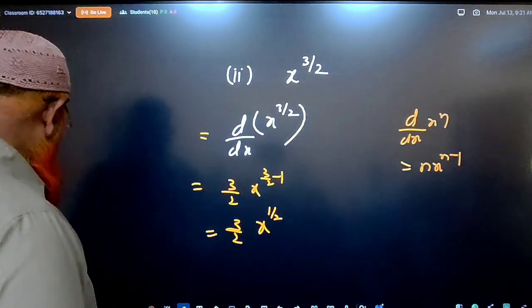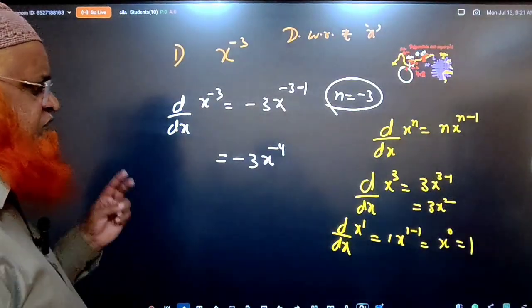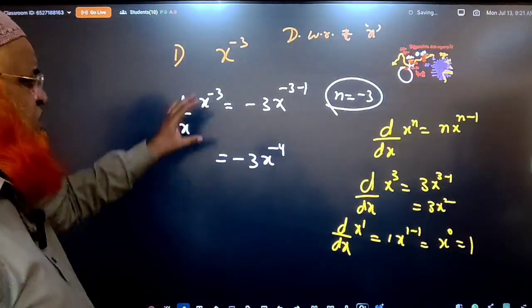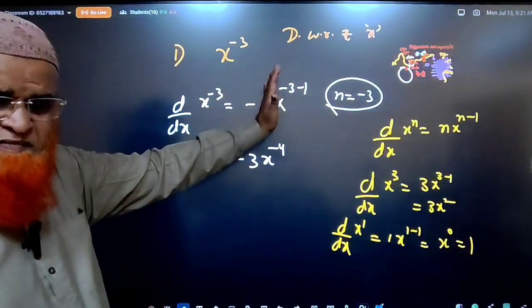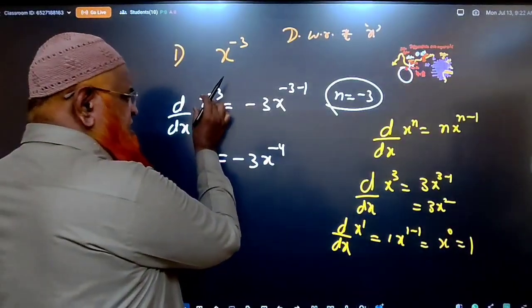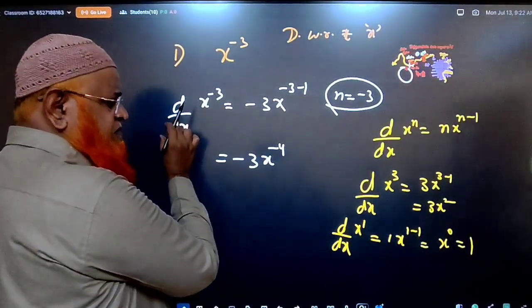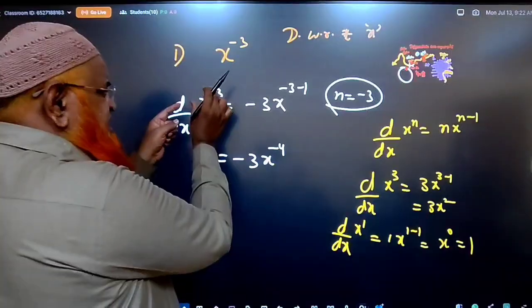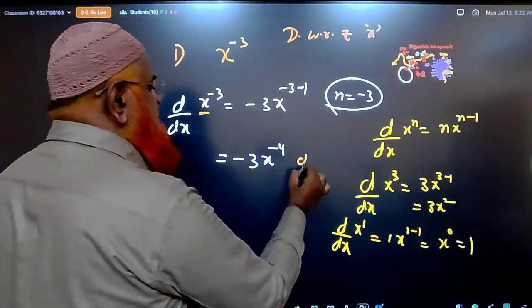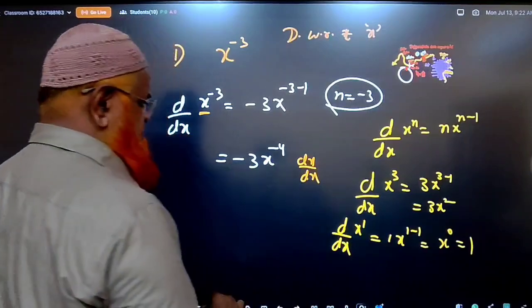Okay, but here, any differentiation you take, you have to differentiate in two layers. One thing is you have to differentiate with respect to power first, and after that you have to take that single variable without any power. So that means once you differentiate x power 3 by 2 using this formula, again you have to differentiate x also, that is dx by dx also.